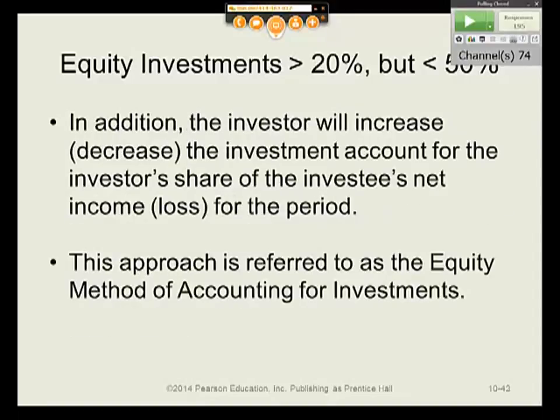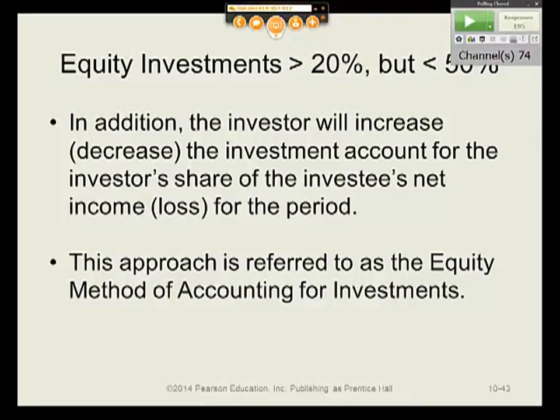The second point is that you will get a proportionate share of the investee's income or loss, which will be reported on your income statement. Every year you look at the investee company and look at their net income. If you own 20% of it, you take 20% of their income to your income statement.